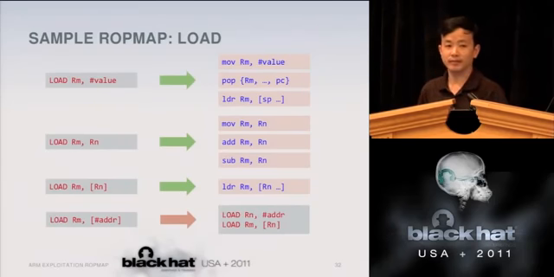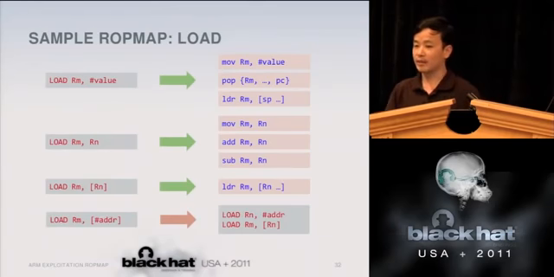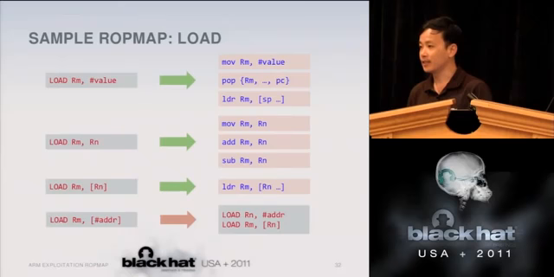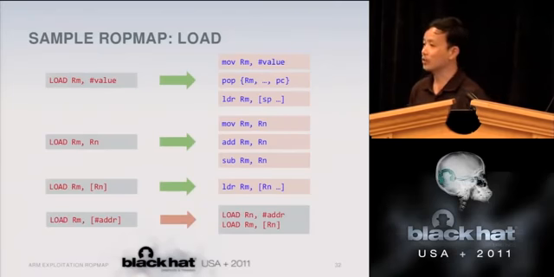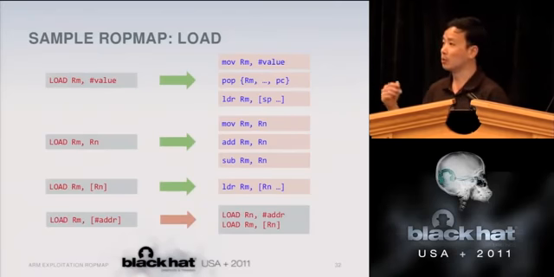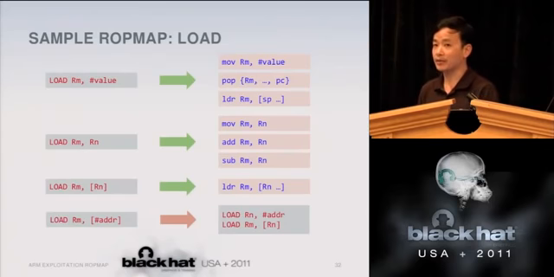So for load value to register, we can map to three gadget instructions. For load register to register, similarly, we have three possible instructions, like move register to register or add register register.